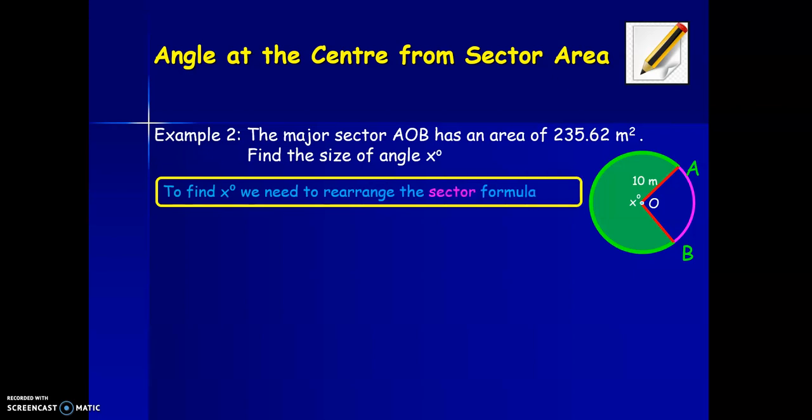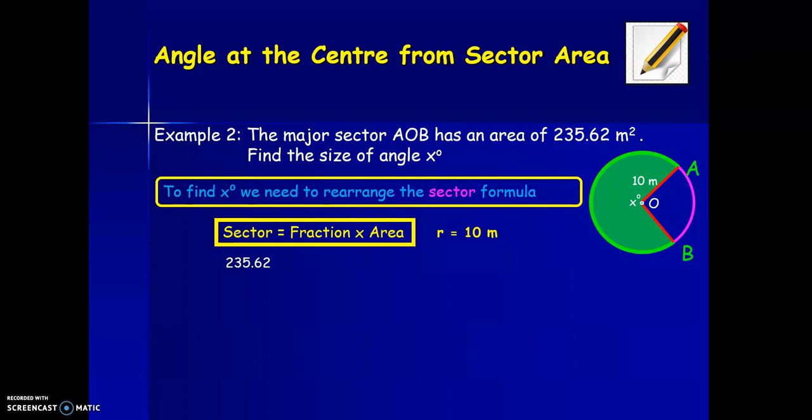So again, to find the X, we need to rearrange the sector formula because we have been given the area of a sector. So sector is fraction times area, and our radius is 10 metres. Putting in our values, we have 235.62 equals x divided by 360 times by the area of the circle, which is pi times 10 squared.